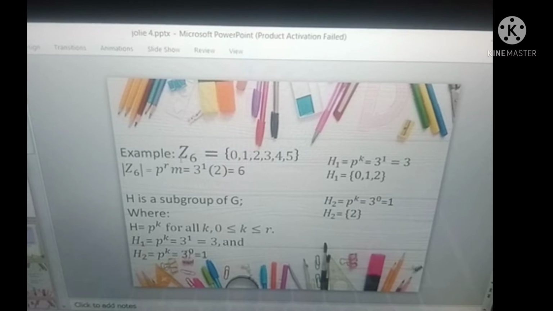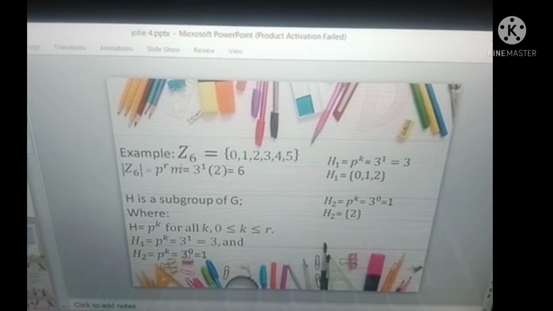Don't focus on it; it is just an example, and the order could even be 1 million, as long as it follows the condition that P is prime, R is a positive integer, and M and P are relatively prime.